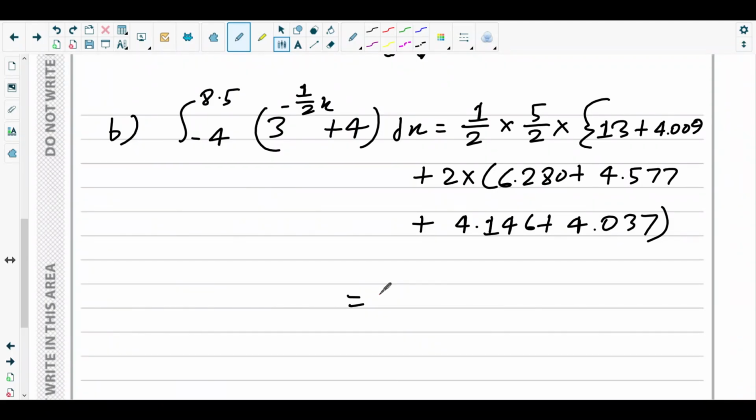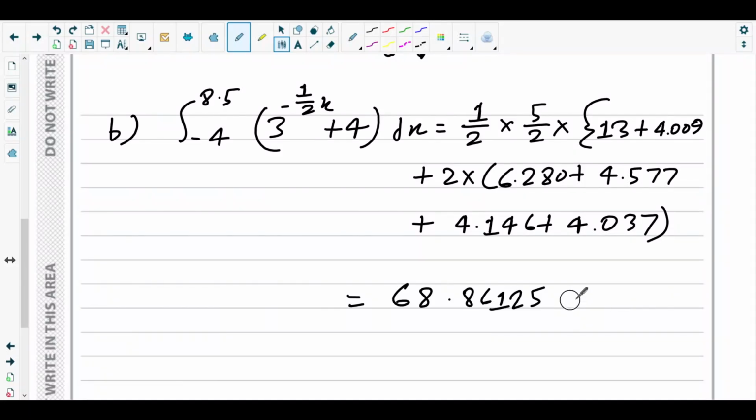So this is 55.089 times 2.5 times half. So this is basically 68.86125. That's the value we get.